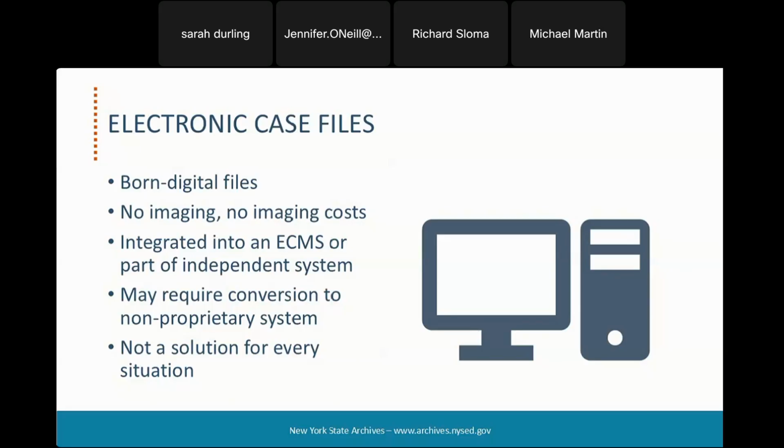And usually these are integrated, again, like with the digital case files, into an electronic content management system or a case management system. Those systems are usually pretty complicated databases. So an example might be a student information system where you would manage general student data, like information about their grades, the classes they took, their attendance, and special education case files.